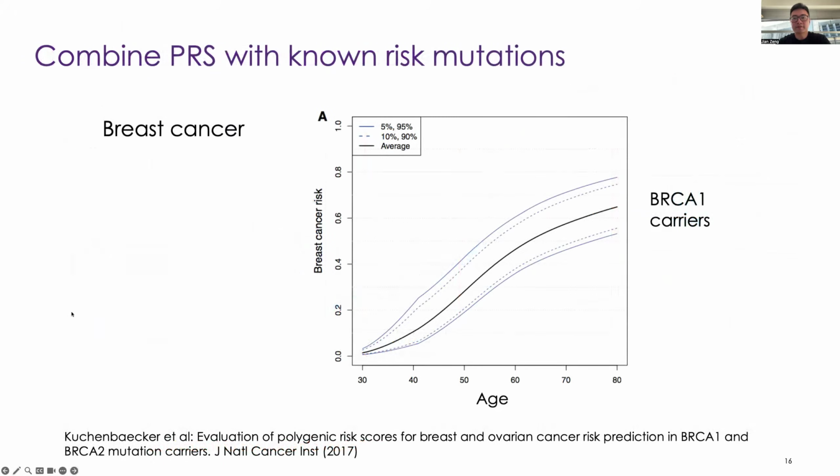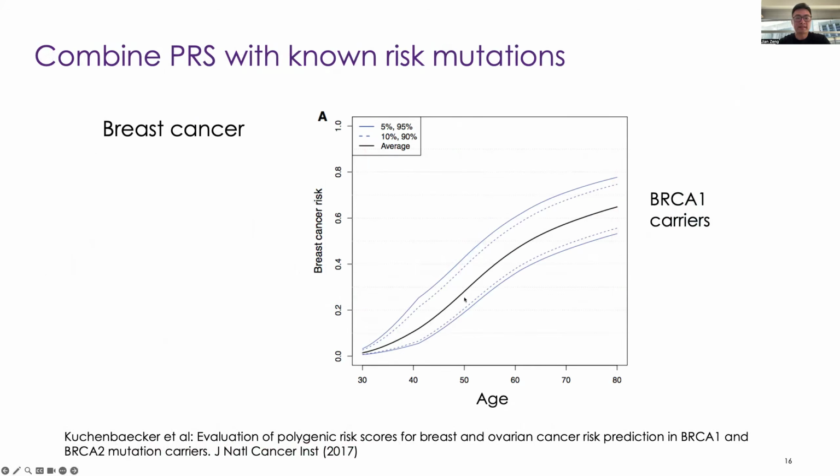For common diseases which have known rare variants of large effects, we can combine the PRS with those risk mutations. For example, in breast cancer, about 2% of breast cancers in women of European ancestry are associated with variants in the BRCA1 gene.